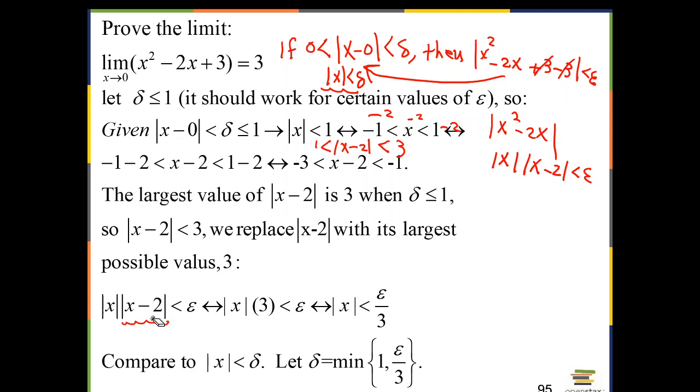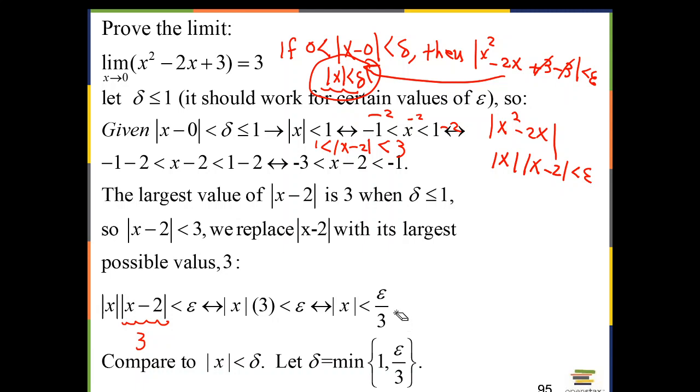Again, we come over here and we say, okay, we want this times this to be less than epsilon, so let this be the maximum it could be, which is 3. So 3 times absolute value of x is less than epsilon, so absolute value of x has to be epsilon over 3, right? And now we compare it to what? To this, right here.